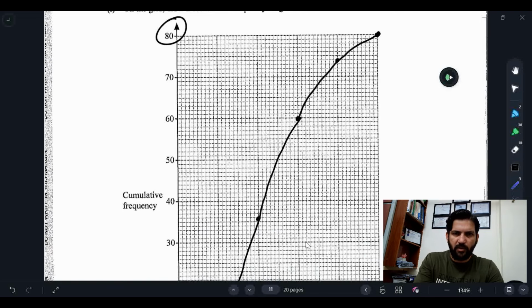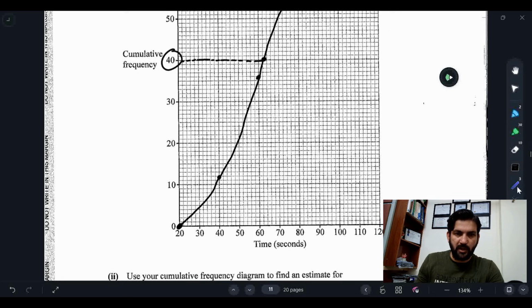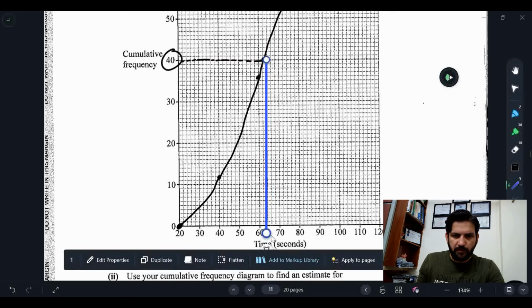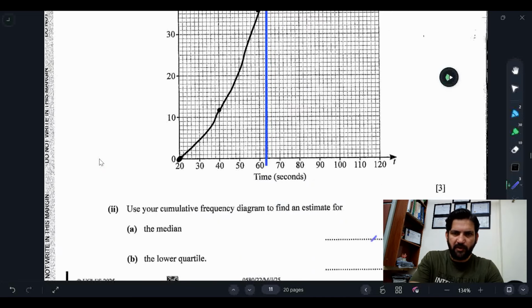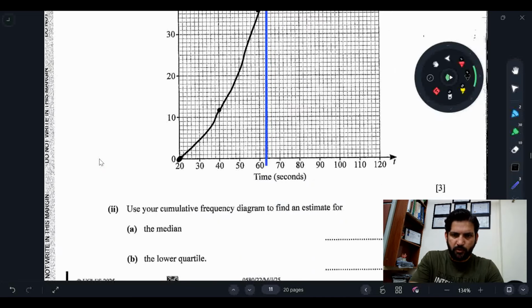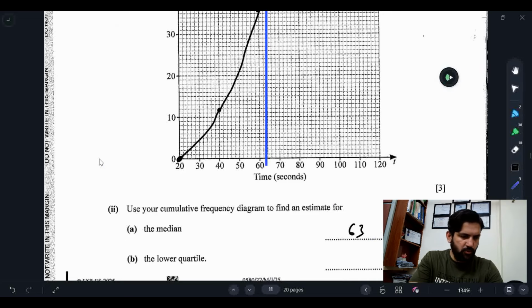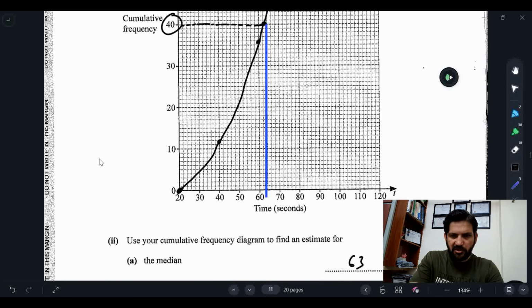For the median, we see the highest cumulative frequency, which is 80, and the middle point should be 40. At 40 we have to see the corresponding value, which is almost 63. So 63 will be the median.